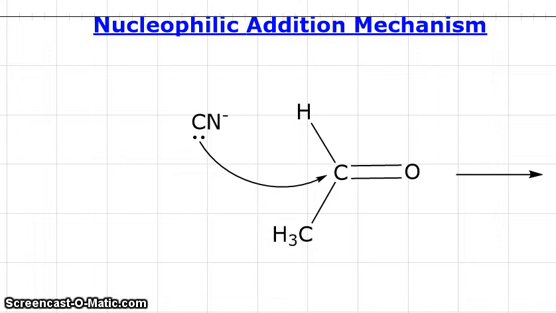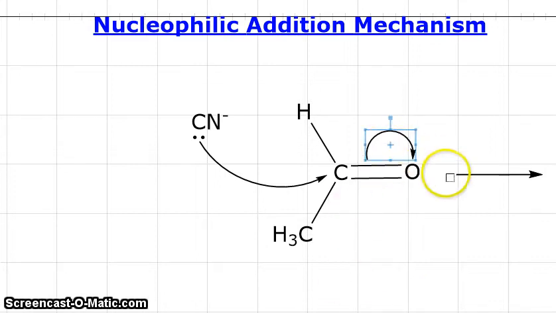As we have attack with the lone pair of electrons on the carbon, which is going to form a new covalent bond, the carbon atom must break its carbon-oxygen double bond, and it does it like this.